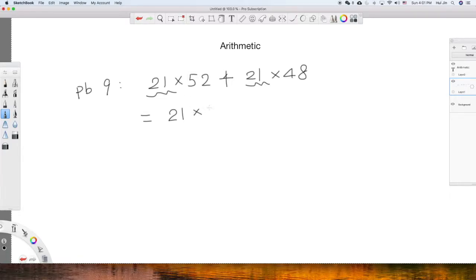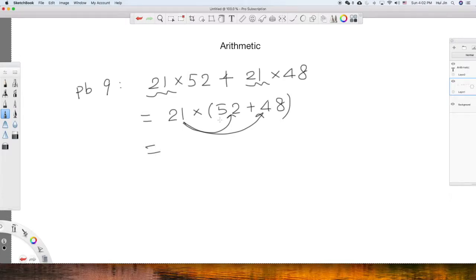So this equals 21 times (52 plus 48). To verify that you're doing the right thing, you just look at it: 21 multiplied by the summation of these things. If I distribute it back, I do 21 times 52 and 21 times 48, and look at it, it's the same as the first form. So they're the same.